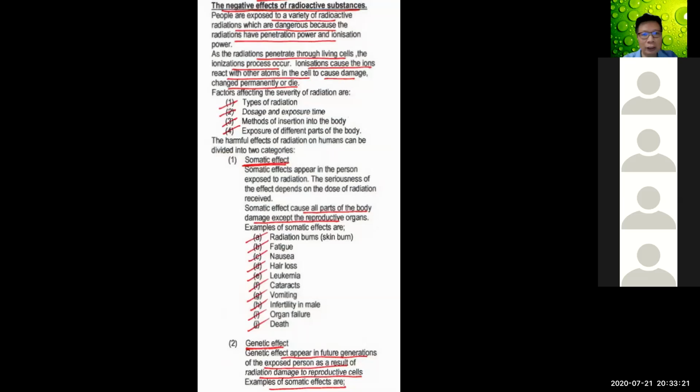Actually it is our whole body except the reproductive organ. That is called somatic. Understand? It divides like this: one is the whole body except reproductive, the other one, reproductive, is genetic effect. So somatic effect, genetic effect. Thank you, Chai Yong. Next one.